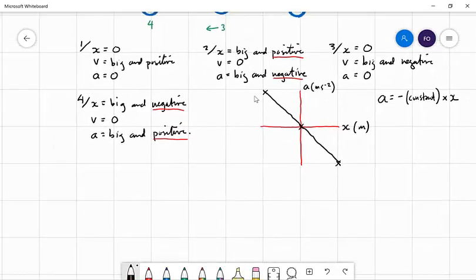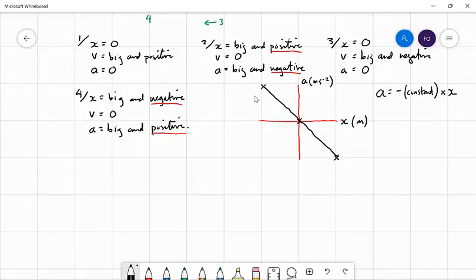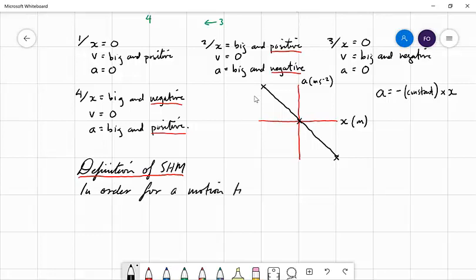And the way that we write this in words, and this is the definition of simple harmonic motion, the way that we would write that is, in order for something to be simple harmonic motion, for a motion to be SHM, the following conditions have to be met.